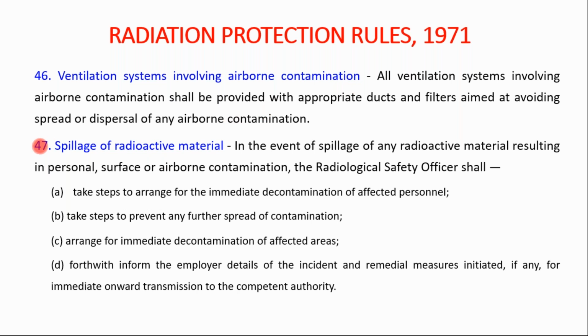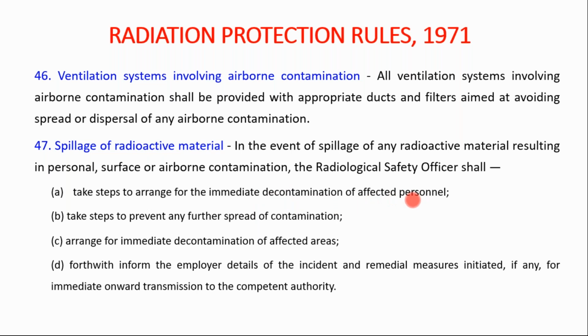Then 47 is related to the spillage of radioactive material. In case of spillage of this material, that may result in personal injury or surface contamination or airborne contamination. In that case, if spillage occurs, the radiological safety officer shall take steps to arrange for the immediate decontamination of the affected person.